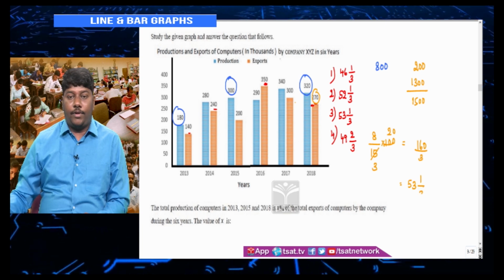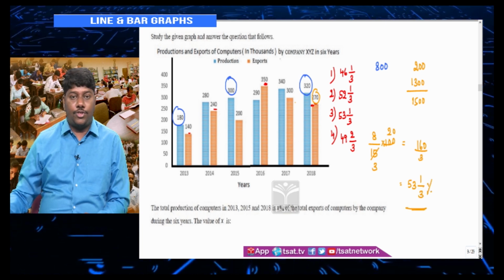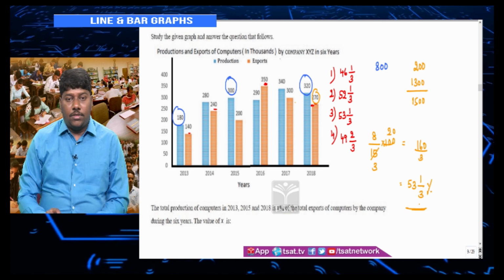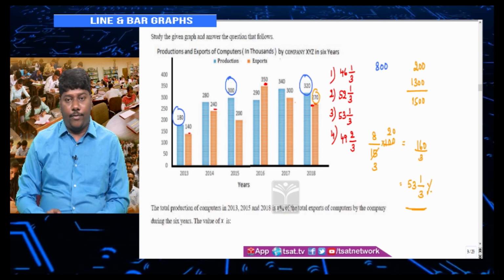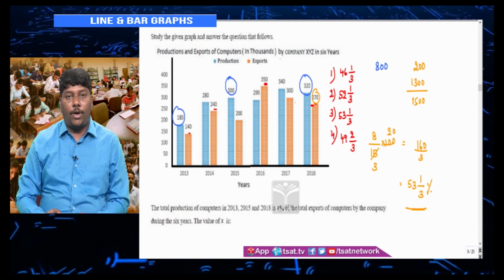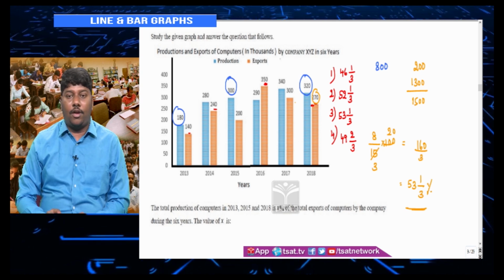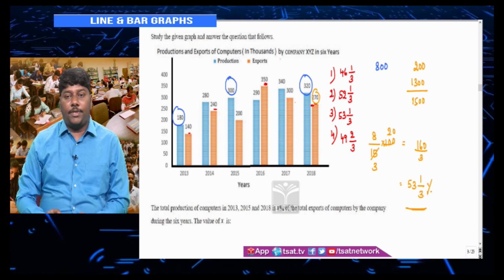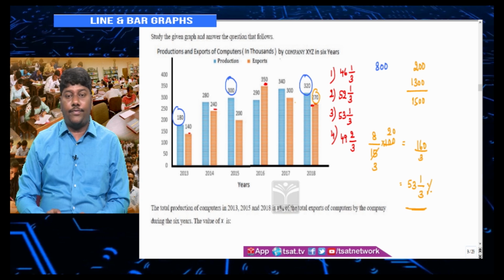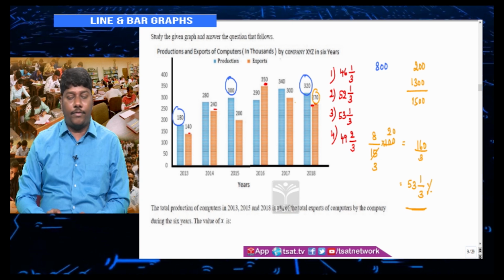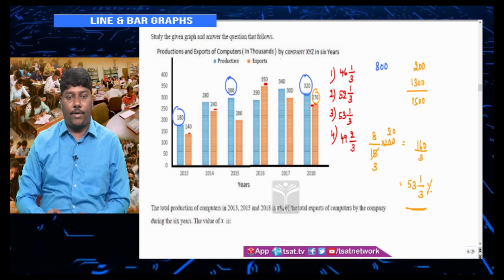Remaining is 1. 53 1 by 3 percentage. So simply it is asking X is what percent of Y. Here 800 is what percent of 1500. Actually 800 is 53 1 by 3% of 1500. So X value is 53 1 by 3.